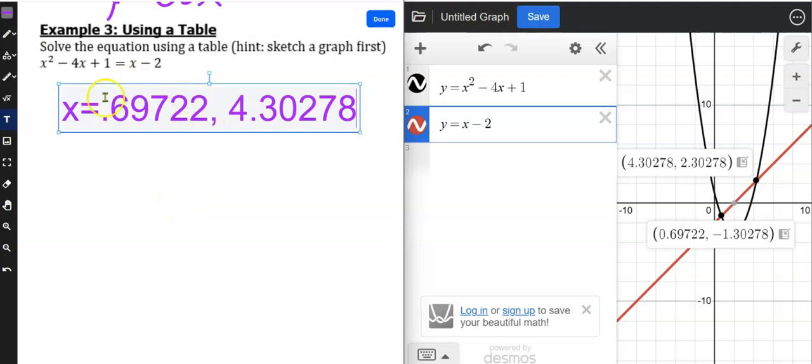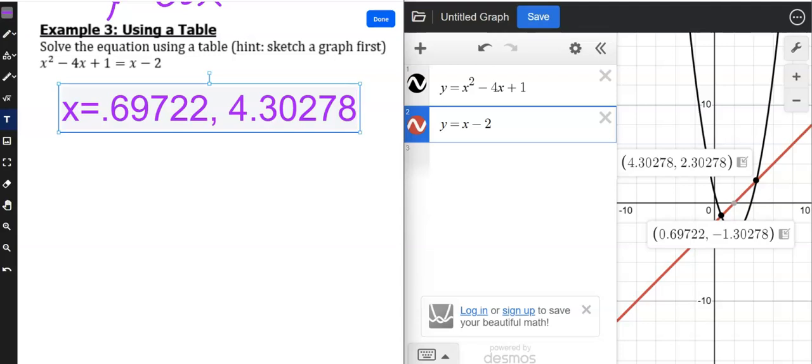Sometimes you get a positive and a negative. We did not. We got 2 positives here. But sometimes you get a positive and a negative, and you have to throw away the negative because it doesn't make sense for the situation. Like if you're launching objects, a negative time would be before the object got launched, which doesn't make any sense. This situation obviously is not the same as that, but just as an example.